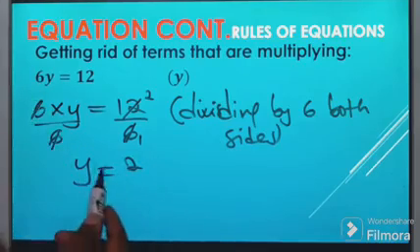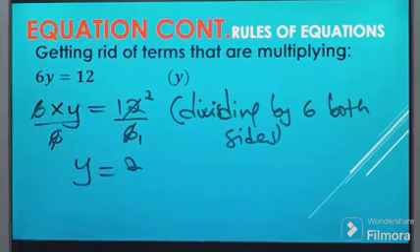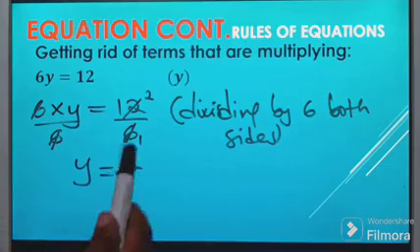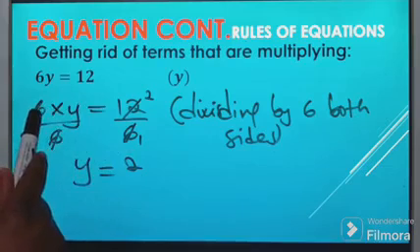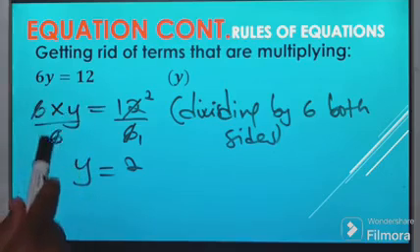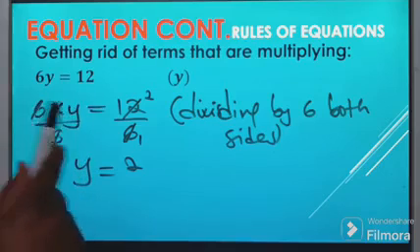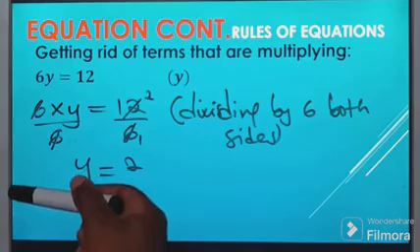You can check: if you put 2 where there is y, we are going to get 12. So we are getting rid of 6, which is multiplying y, by doing the opposite. What is the 6 doing with y? They're multiplying. We do the opposite.